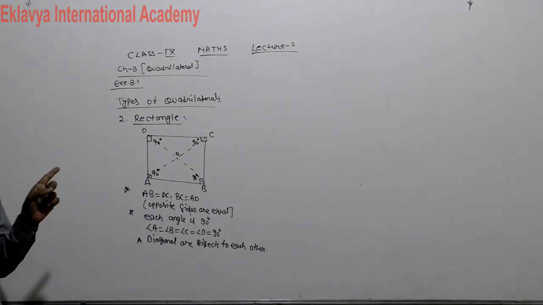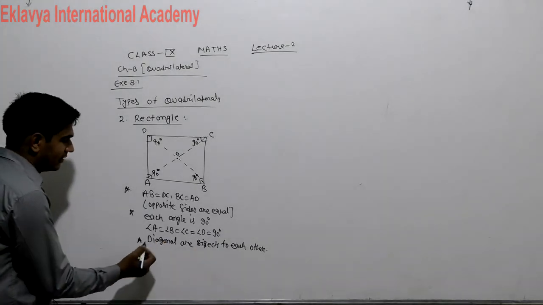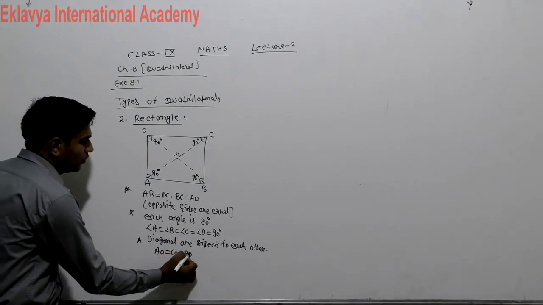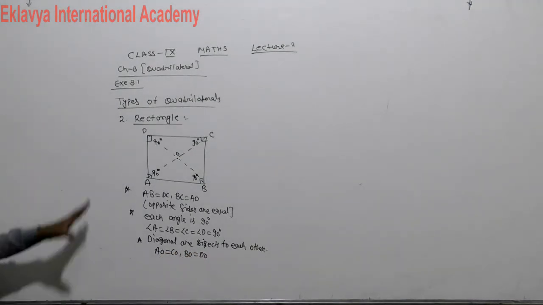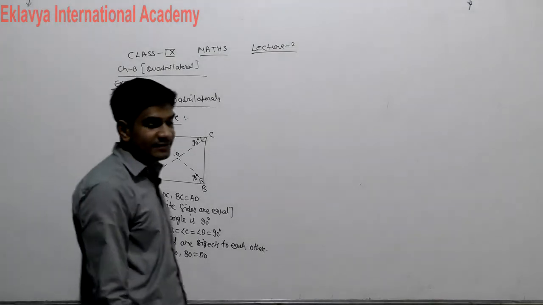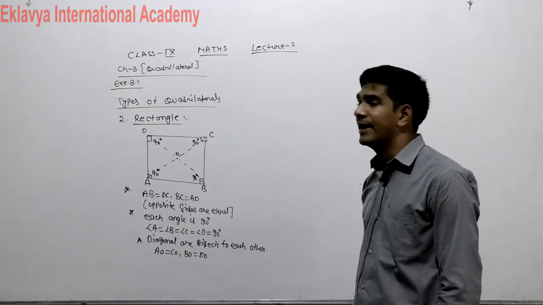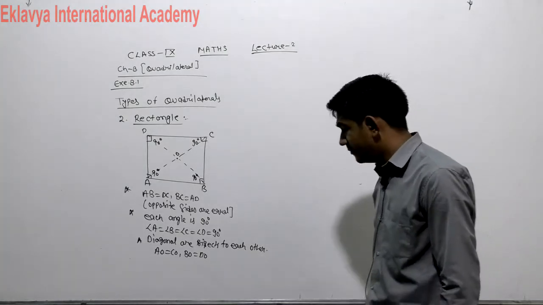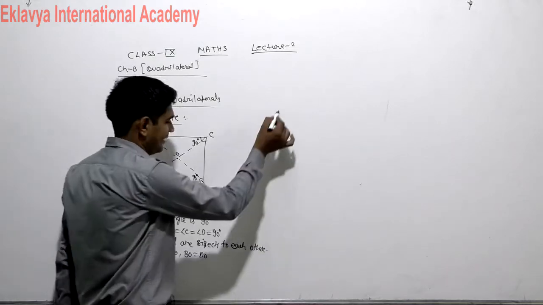Not 90 degrees. So diagonals bisect each other, meaning AO is equal to CO and BO is equal to DO. So in a rectangle, each angle is 90 degrees, opposite sides are equal and diagonals bisect each other. That is the property of the rectangle.